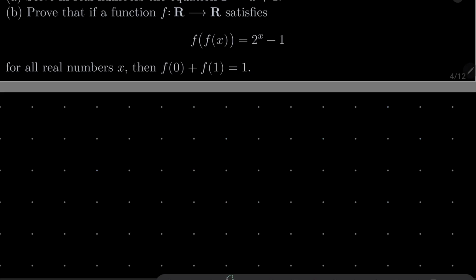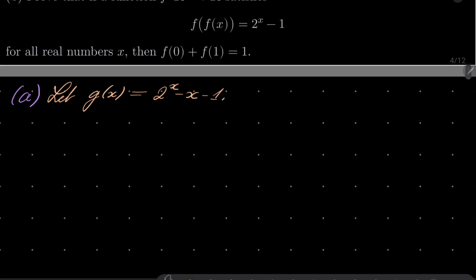Right, so let's start with part A. I will define function g by the formula 2 to the power of x minus x minus 1. And notice the following things. Let's differentiate it. g prime of x equals 2 to the power of x natural log of 2 minus 1.